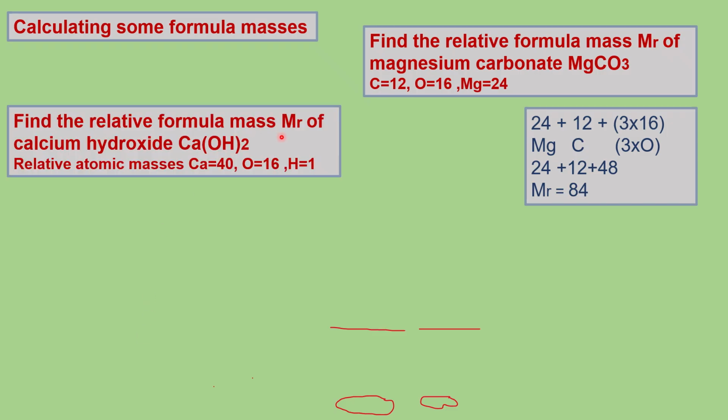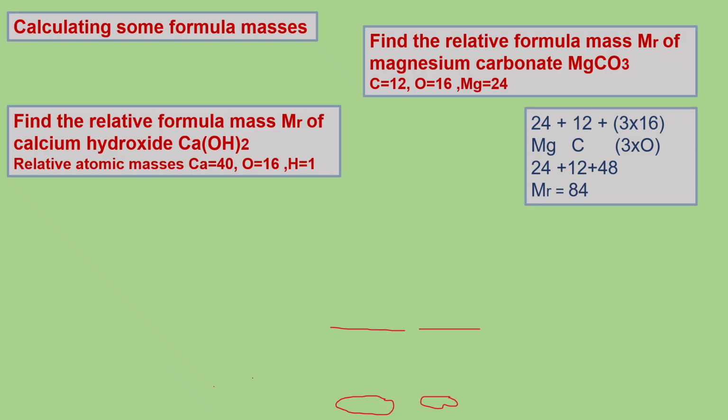Find the relative formula mass Mr of calcium hydroxide, and the formula is Ca(OH) between 2 brackets 2. The 2 is multiplied times these atoms. So we have 2 oxygen atoms and 2 hydrogen atoms. Again, you are given the relative atomic masses.